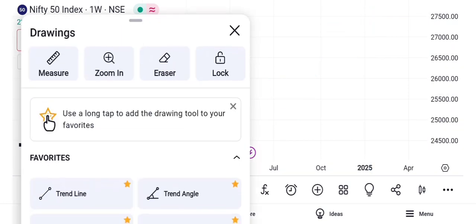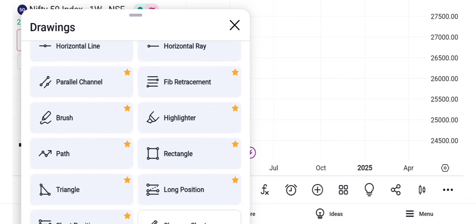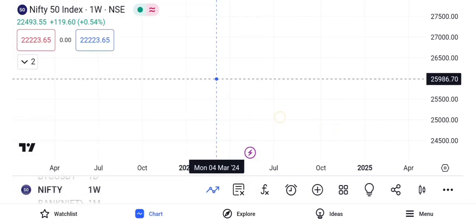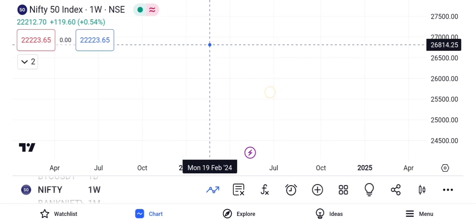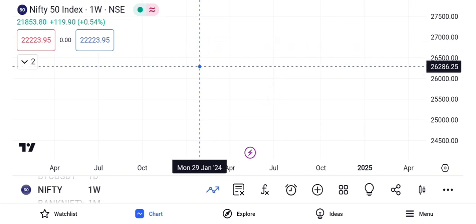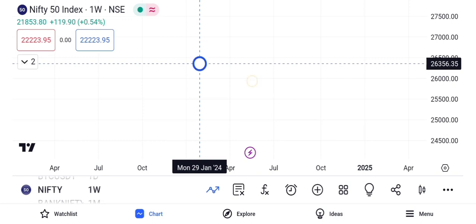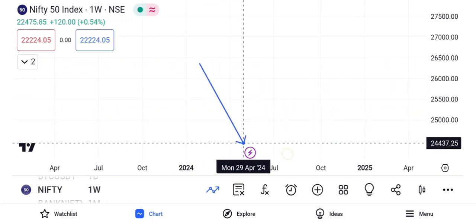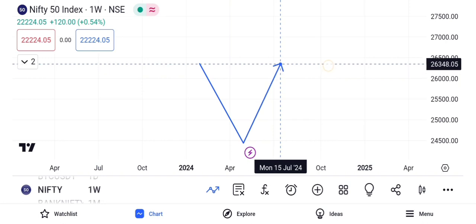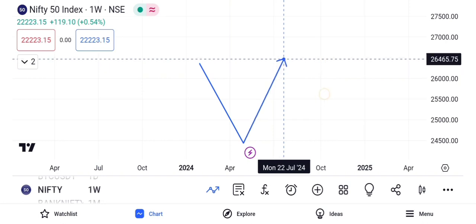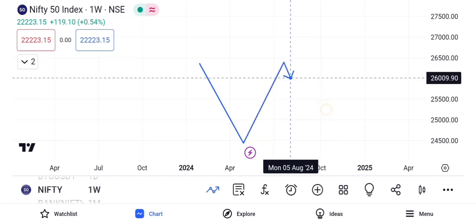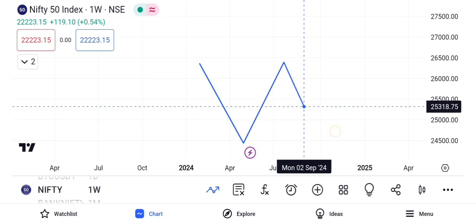So we will talk about the third chart pattern that you should be knowing, the cup and handle pattern. Okay, so I would say this has been drawn in this way. Like this is one structure like a cup, and this is the handle.